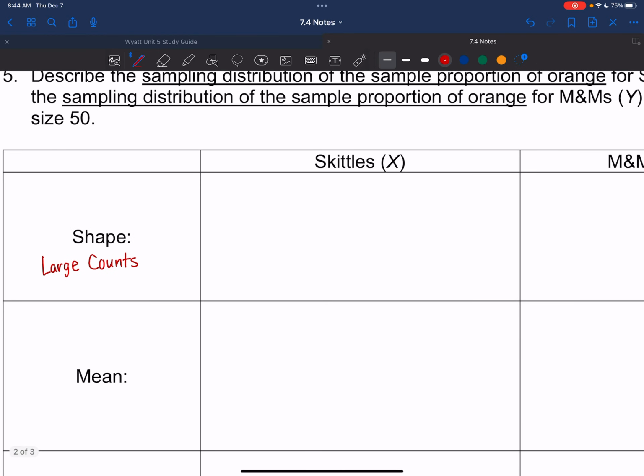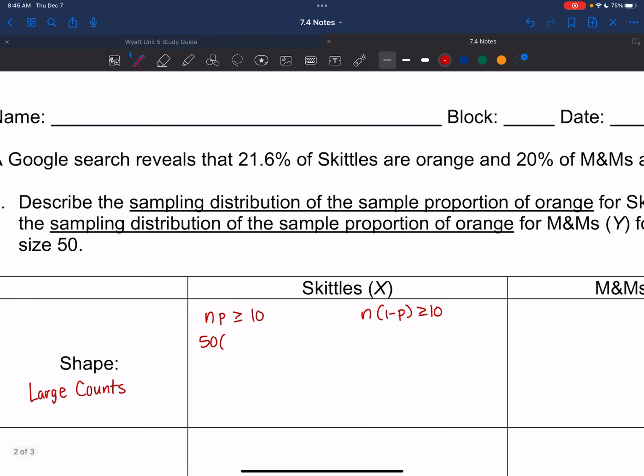Okay, so for the Skittles, we have to show that NP is greater than or equal to 10, and then we also have to show that N times 1 minus P is greater than or equal to 10, okay? So we have a sample of 50, and we were told that 21.6% of Skittles.